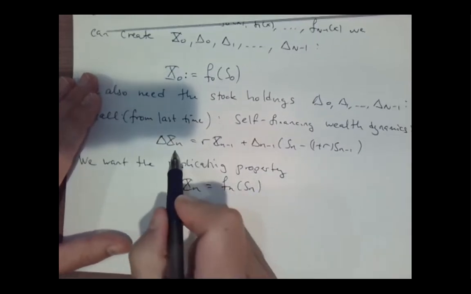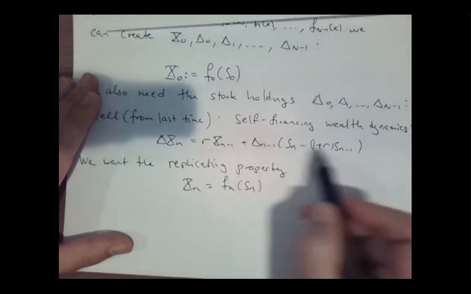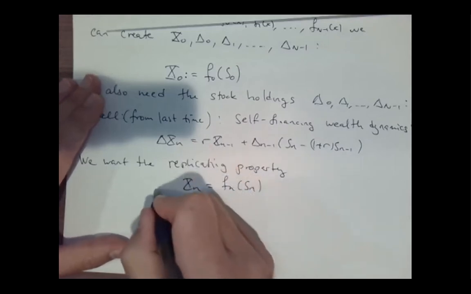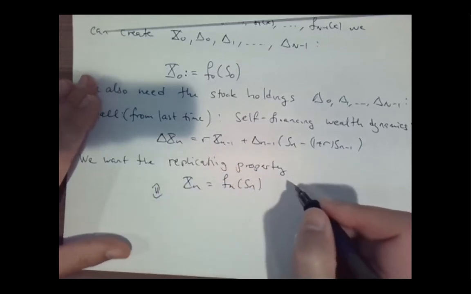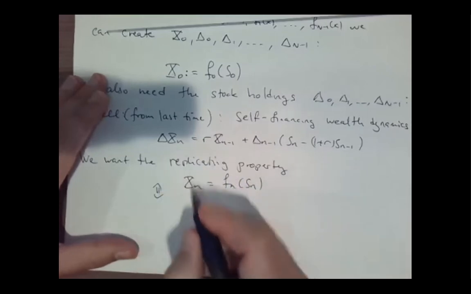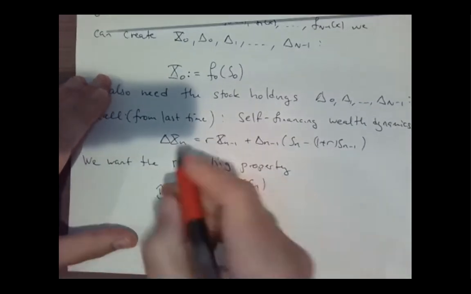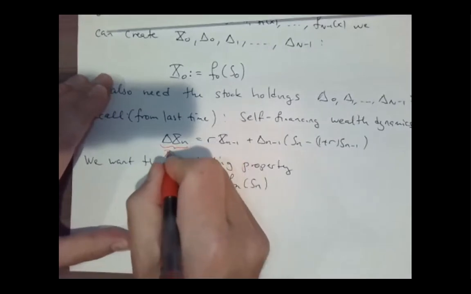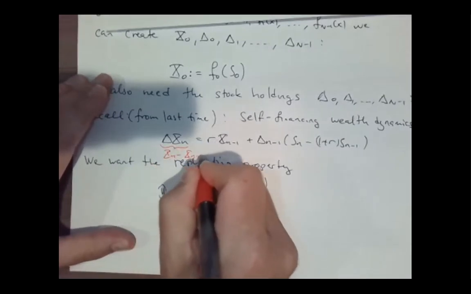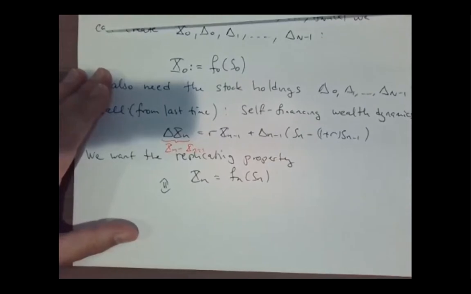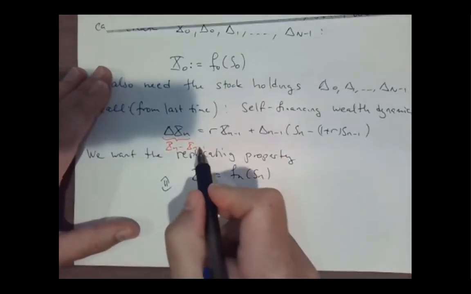Okay, so now what we use is this property here. This quantity here, this is xn minus 1. So I can move this xn minus 1 to the other side.